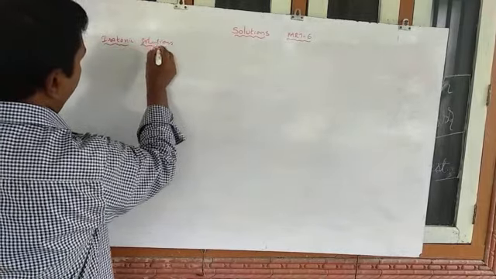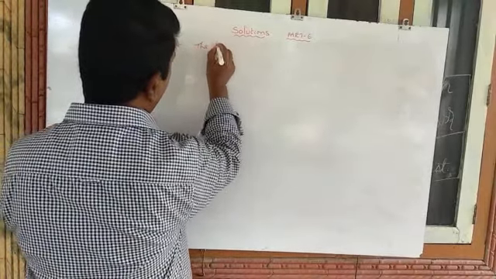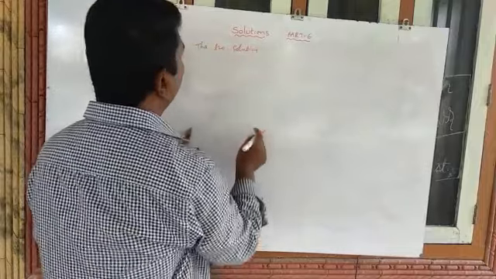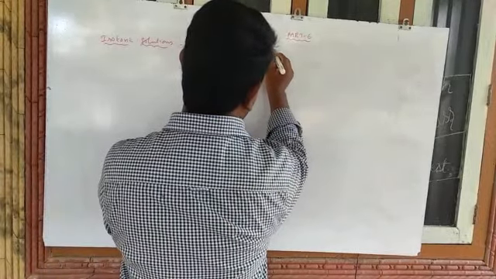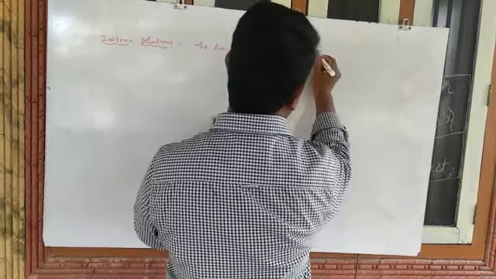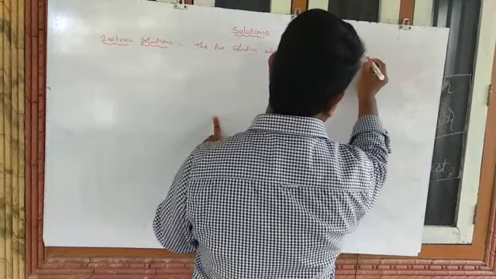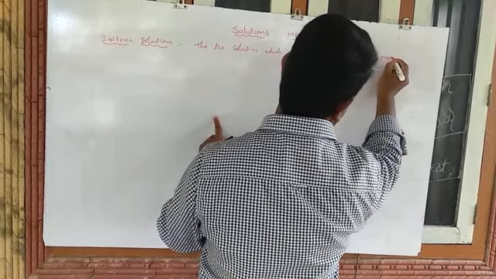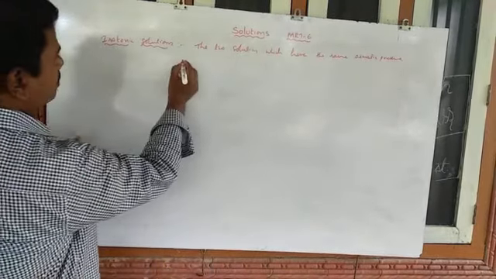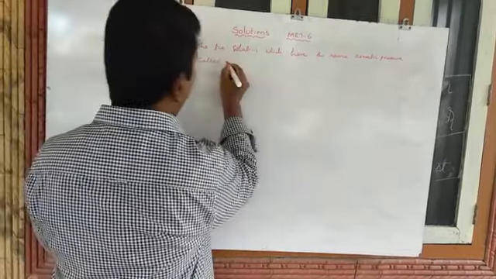Isotonic solutions. The two solutions which have the same osmotic pressure are called which one?